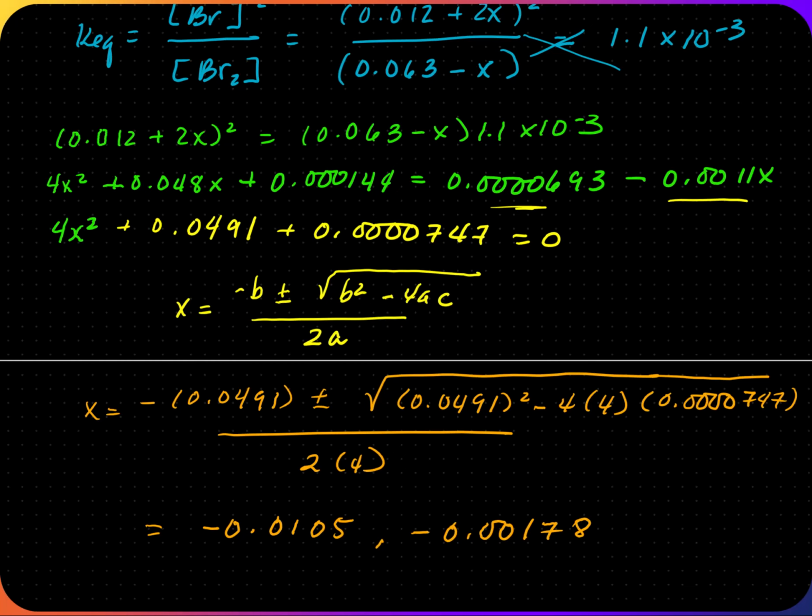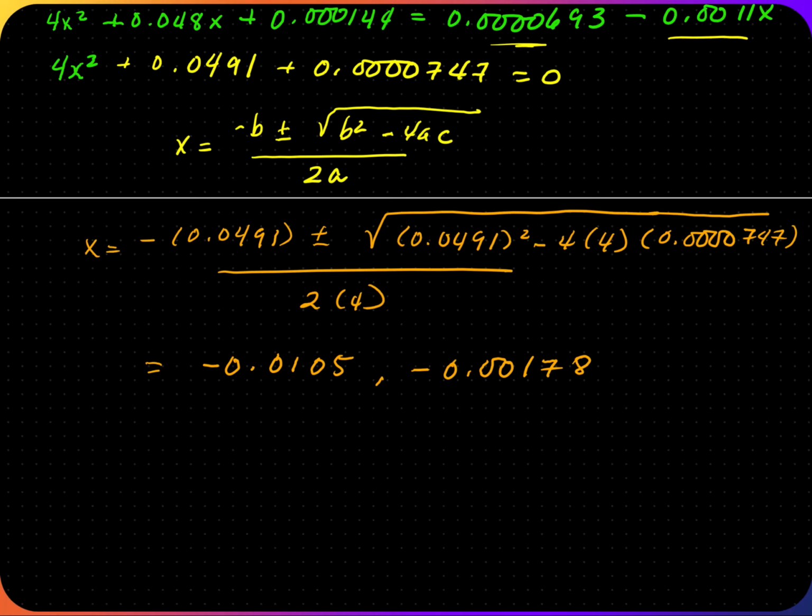So we need to figure out which answer is correct. Since they want the equilibrium concentration, in our ICE table we said that Br2 was equal to 0.063 minus x at equilibrium, and we said Br was equal to 0.012 plus 2x. Since both of the answers came out negative, we need to plug in and check our answers.